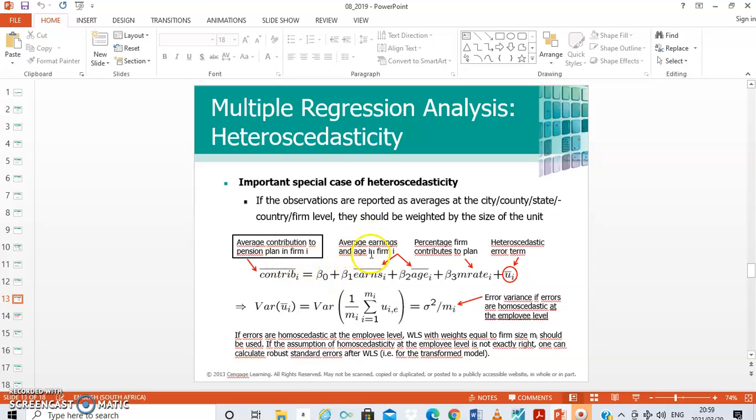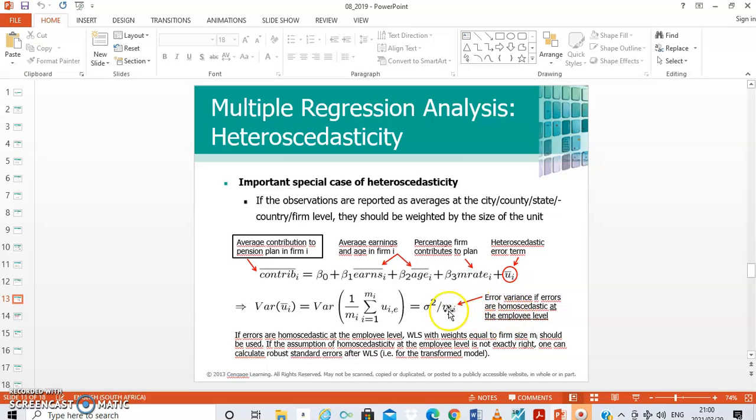We take the average earnings percentage contributed to the plan, and here we have a heteroscedastic error term, since we are already dealing with averages. So when you assign weights, you will have a variance that is homoscedastic if you look at it from an employee level.